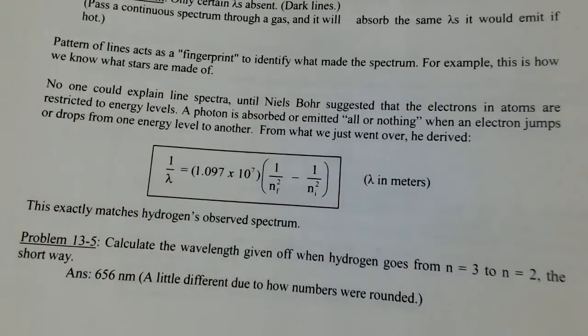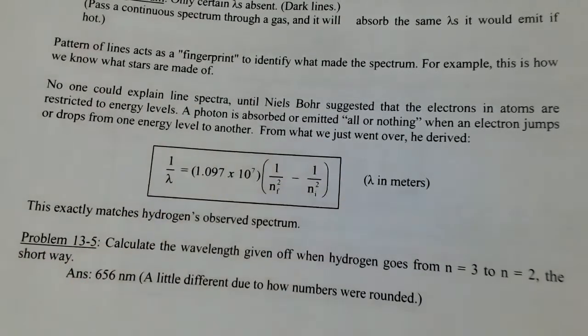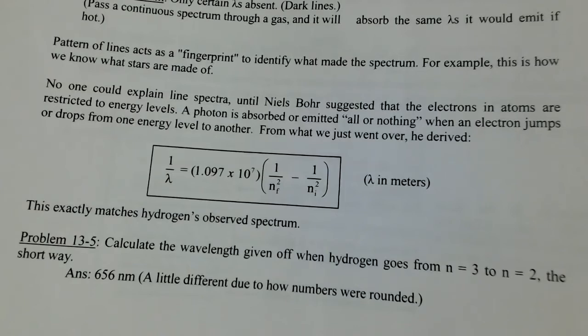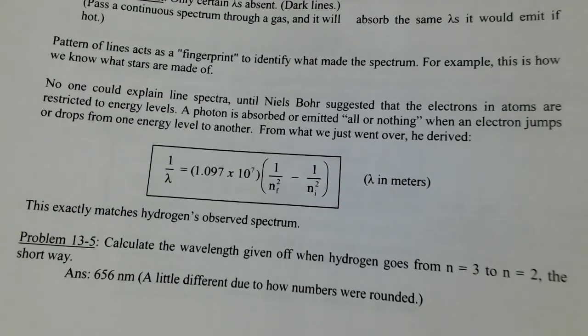What I've labeled final and initial, by the way, assumes an emission spectrum. If it's actually an absorption spectrum, then the one I labeled F would be initial and the one I labeled I would be final. An electron emits light if it falls to a lower level, and an electron absorbs light if it jumps to a higher energy. So anyhow, you do that while I erase the board over here.